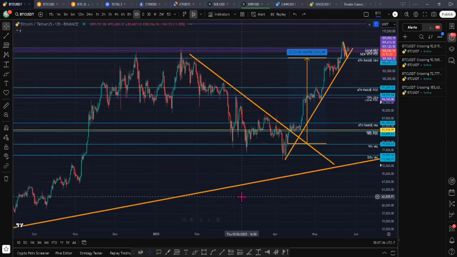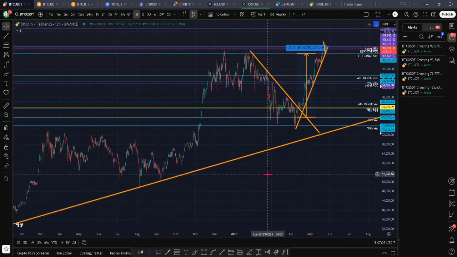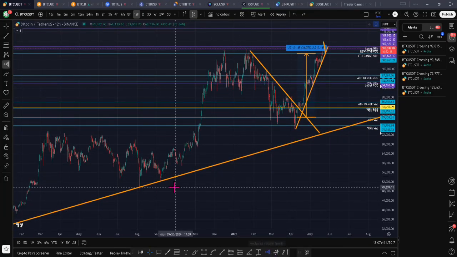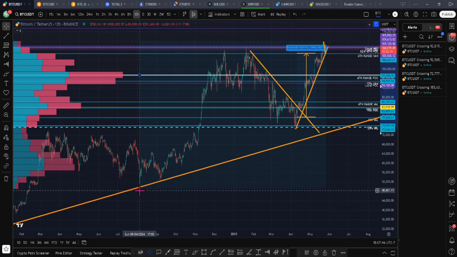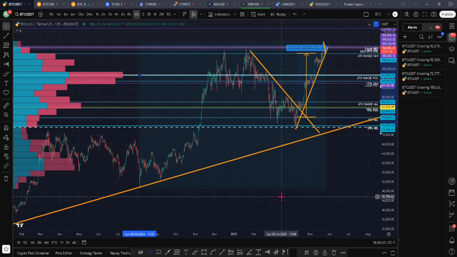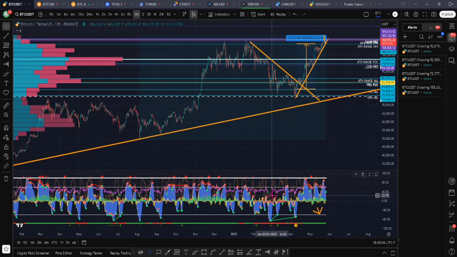All we did was mark out Fibonacci's, and we used the Fibonacci tool and the volume profile tool. Boom, we marked it out from 49K, and we got this little zone here, 75,600-ish down to 73,500 as well. We realized we were overextending to the downside because of our indicators.